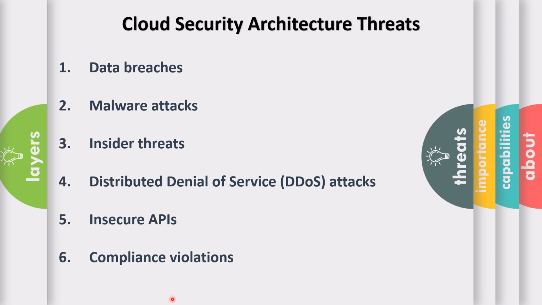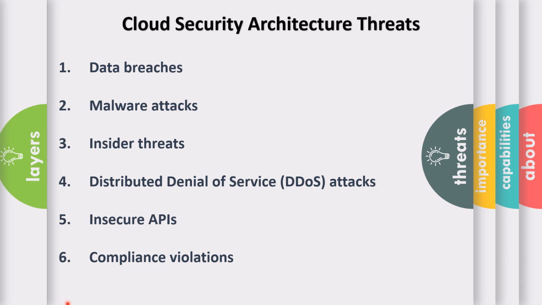Then compliance violations. What is it? It happens when your services do not meet regulatory requirements or industry standards like GDPR, HIPAA, or PCI DSS. What's the threat? Non-compliance can lead to fines, legal action, or loss of business.